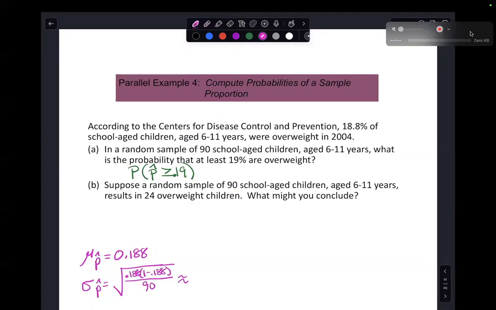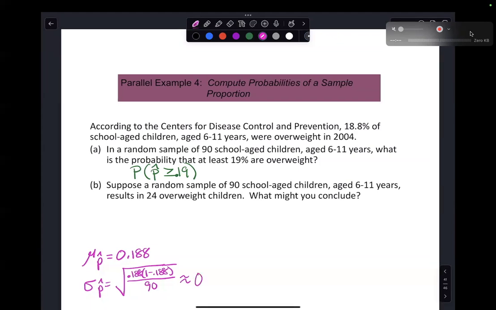Okay, square root of... I got 0.04. I'm going to just go all the way out to 0.0412. All right. I have my mean and my standard deviation.